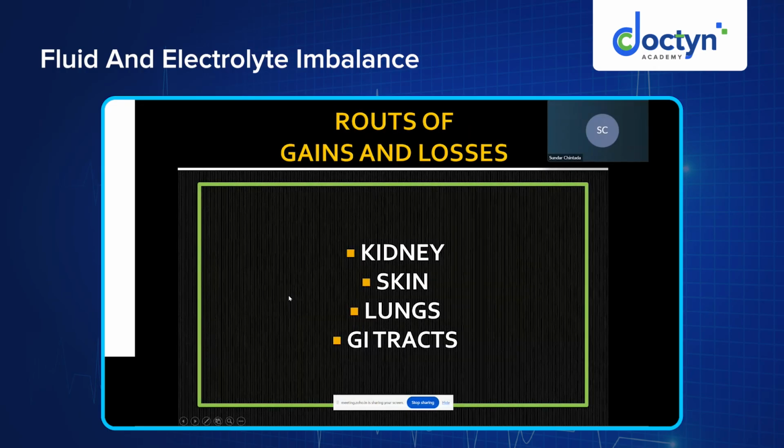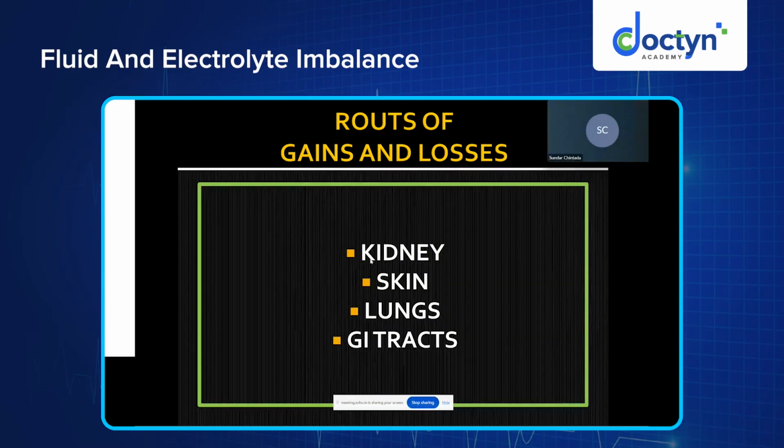When we talk about the routes of gains and losses in our body, three to four major organs play a very important and key role. The first is the kidney, the second is the skin, the third is the lungs, and the fourth is the GI tract. They handle excretion and elimination of harmful toxic waste products, urea, creatinine, even bicarbonate compensation.